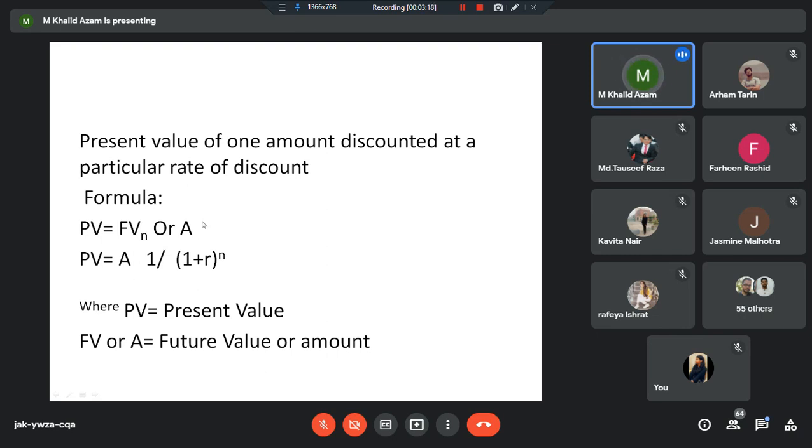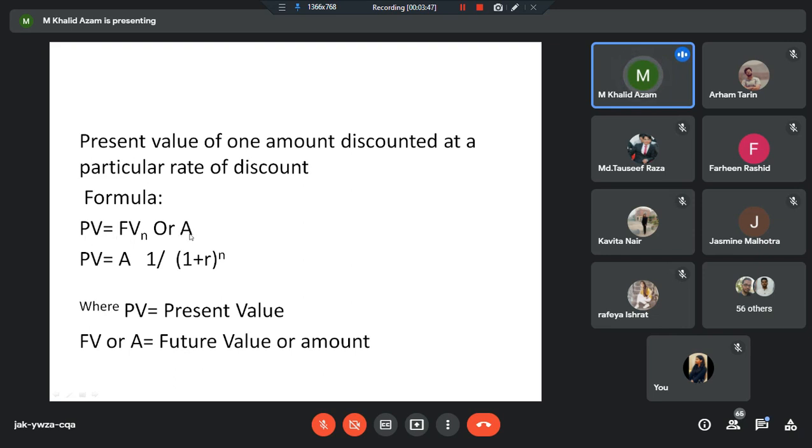So this is the amount which you are going to receive after a period of time. Generally we are considering that it will be 1 year. So suppose you are investing in the month of January, and you are receiving this amount in the month of December. Now the question is that these two amounts cannot be compared.